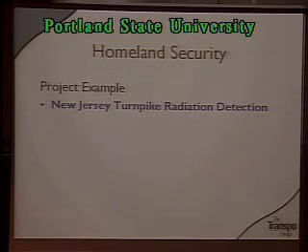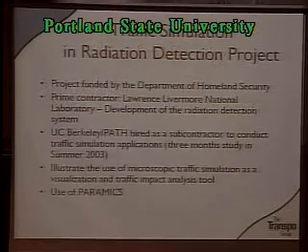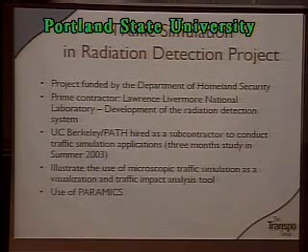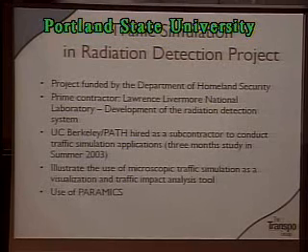We were involved in a project funded by the Department of Homeland Security, and we at UC Berkeley worked as a subcontractor to the Lawrence Livermore National Laboratory. They were developing a radiation detection system that would be installed along the freeway.